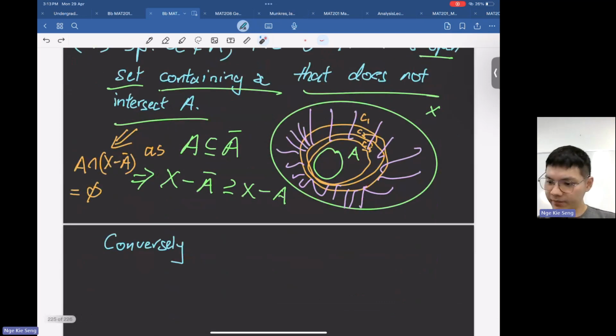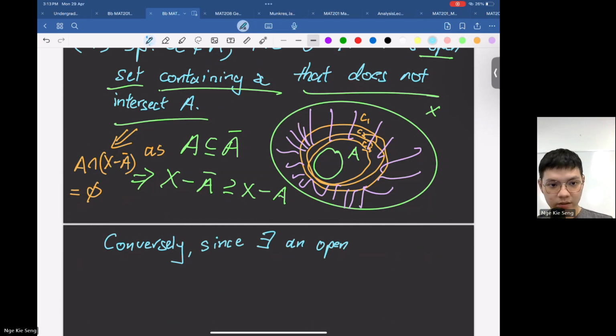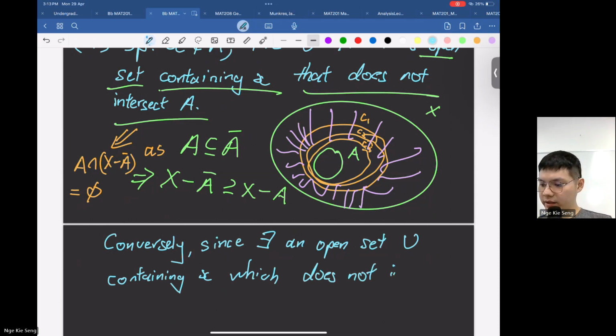Let's write it down. Conversely, since there is this set U containing X which does not intersect A. A bar is the intersection of closed sets that contain A. So if you can show that X is not in one of the closed sets that contain A, then you are done, right?